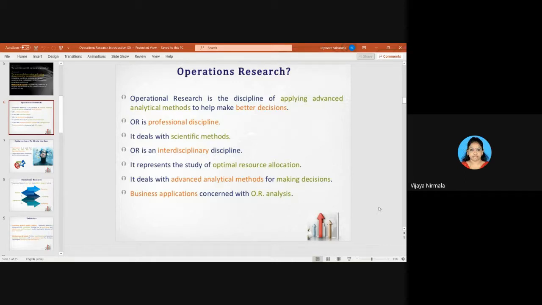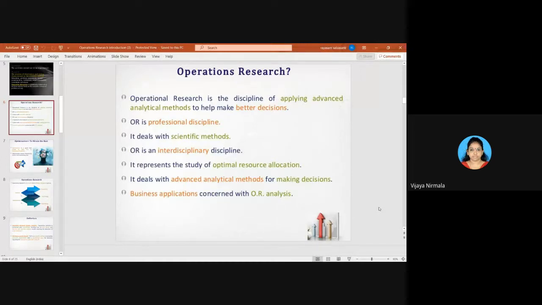And also operations research is an interdisciplinary discipline. Interdisciplinary means that it is not used in only one way, it is used in different ways. In all the areas we can use this operations research. Okay. So it deals with advanced analytical methods for making decisions.